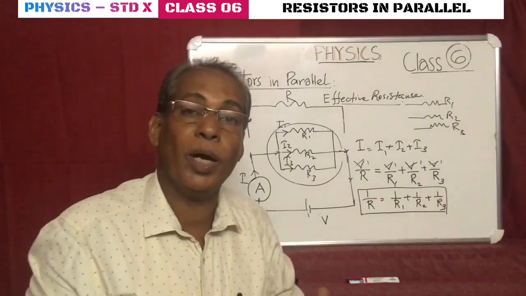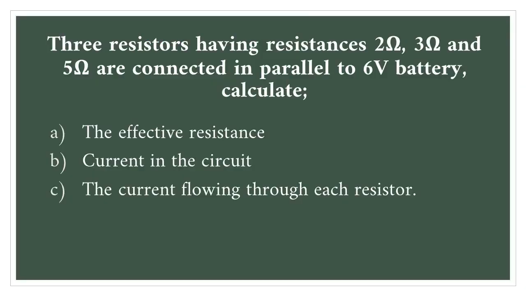Now let us do a problem. 3 resistors having resistances 2 ohms, 3 ohms and 5 ohms are connected to a 6 volt battery. Calculate A, effective resistance of the circuit, B, current in the circuit, C, current flowing through each resistor.